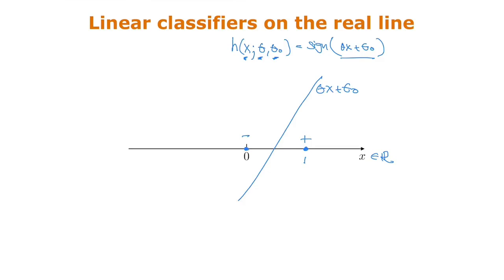It takes positive values here in the regime where x should be classified positively, and it takes negative values in the regime where x should be negatively labeled. So it correctly classifies these two examples as seen here.